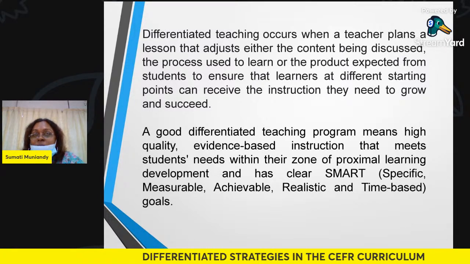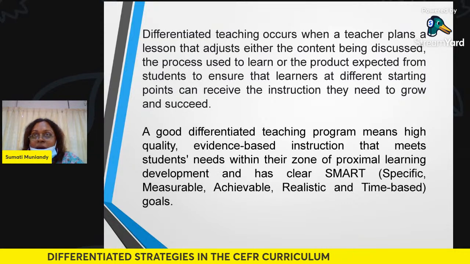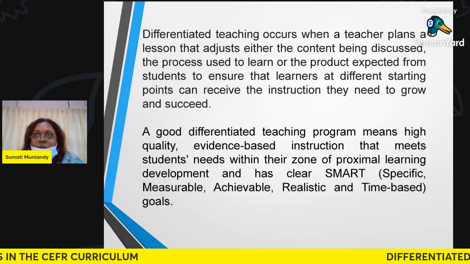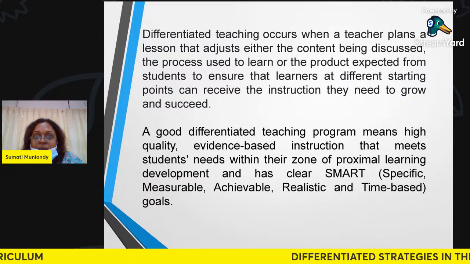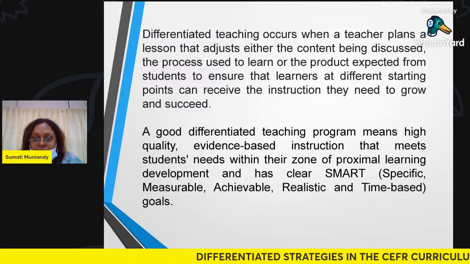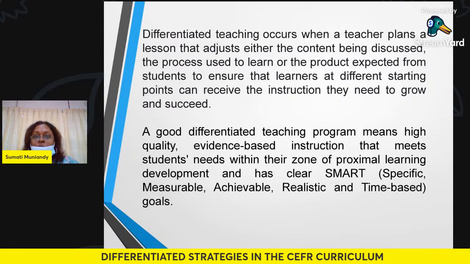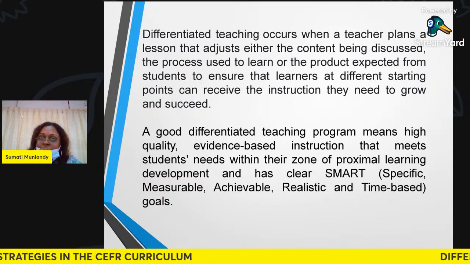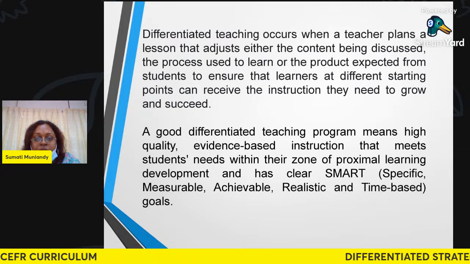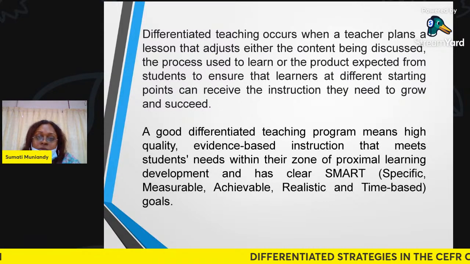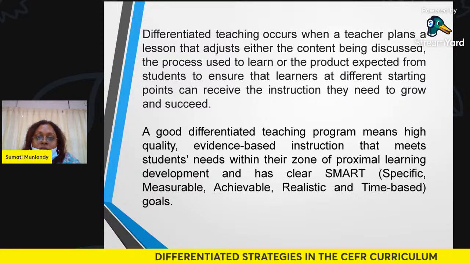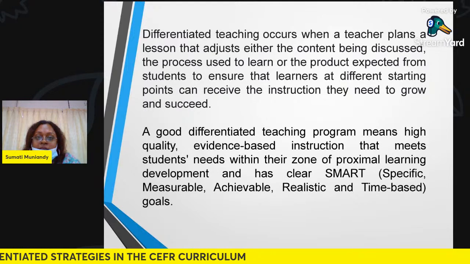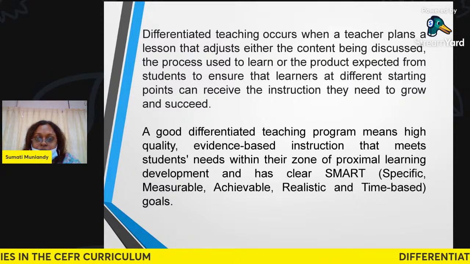Don't set your objective too high when your learners are low achievers in your classroom; it's not going to work. And also time based: within 20 minutes of your activities, can they achieve your target or not? So you have to be realistic, according to your learners' needs.